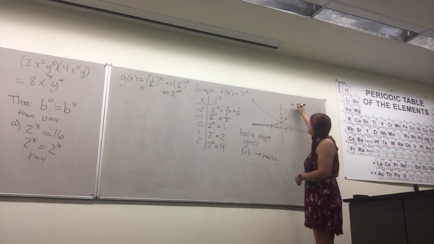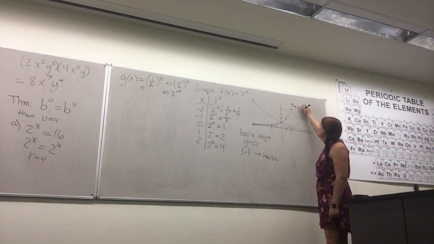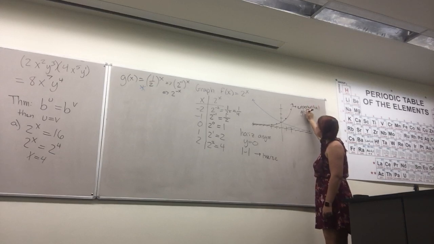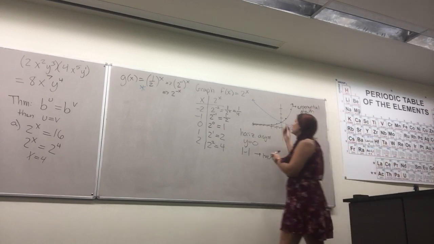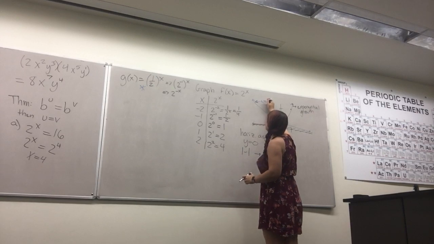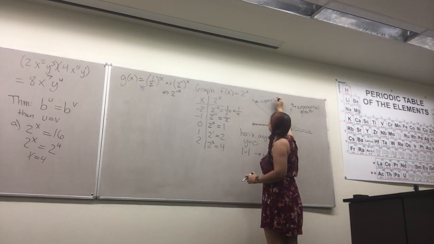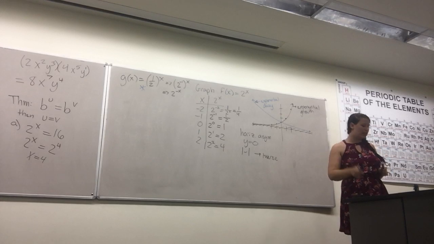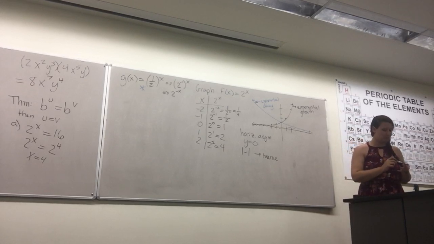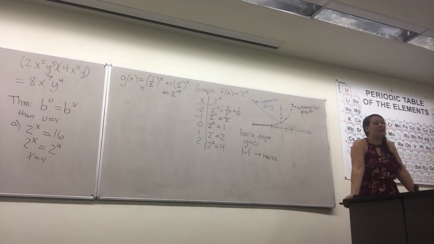This one is called an exponential growth. This is called an exponential decay. So this is now when we get into the science portion of the class, because exponential growth and decay are used with populations, okay?